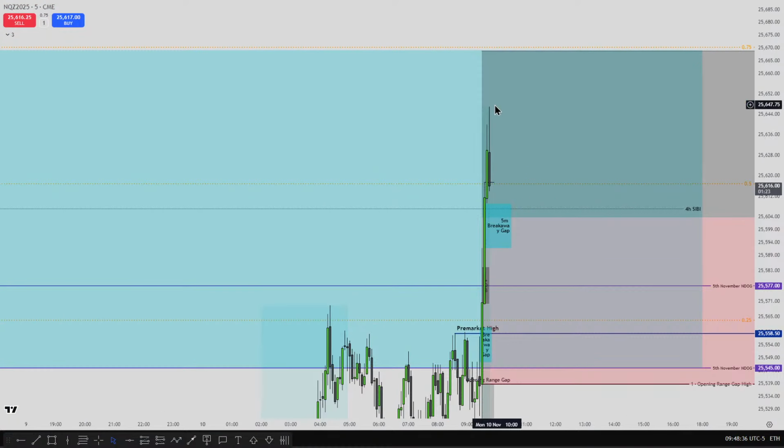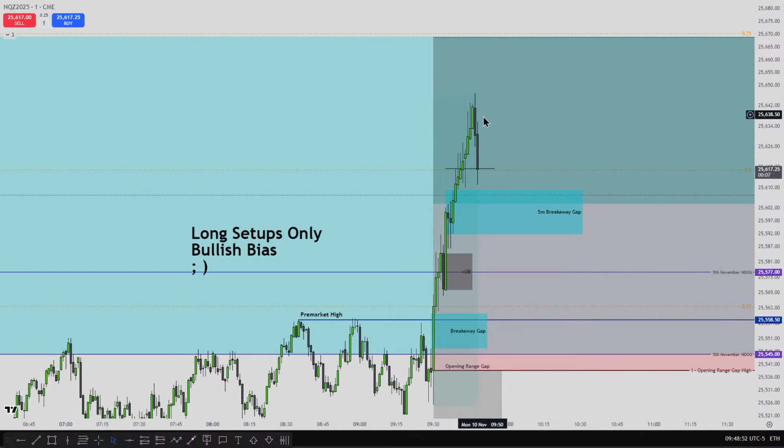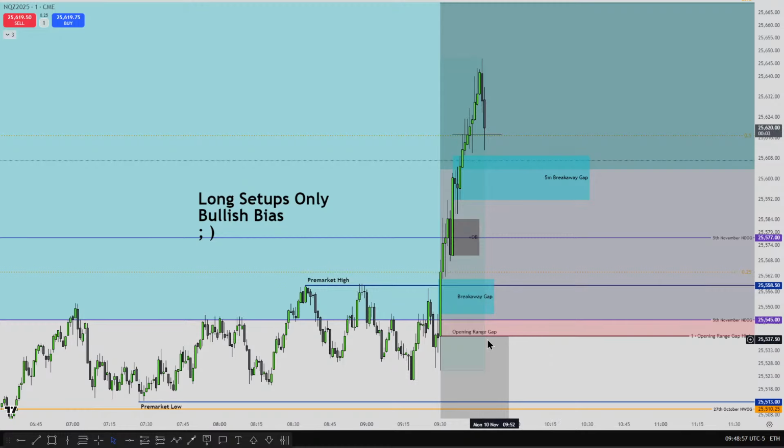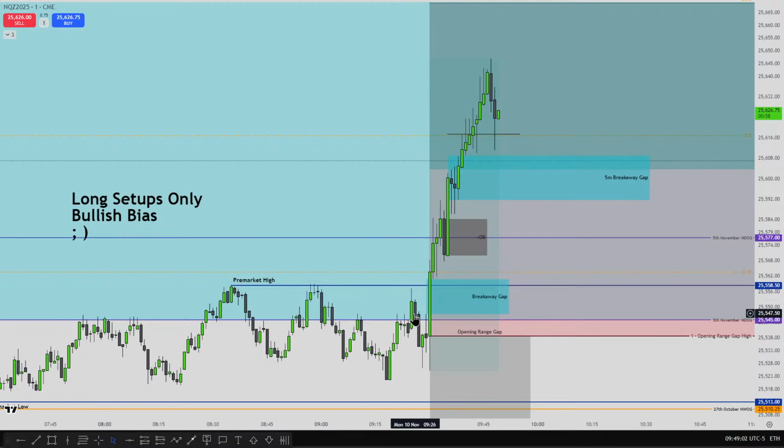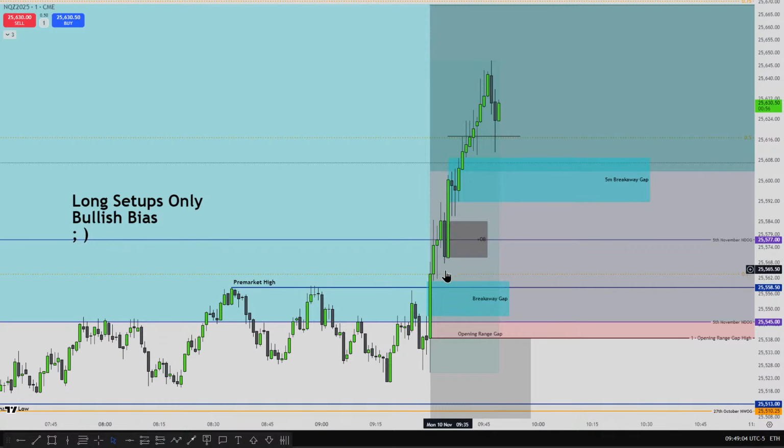Okay, rejecting from all the way up there means we'll probably use this gap. Again, you want to see the 5-minute candle closing price, because if it closes all the way back up here, then obviously that's strength. But that's two big down close candles that I didn't want to see. You'll notice though there's not a single first presentation fair value gap on the 1-minute chart. We only have this breakaway gap, and beyond that it's very back and forth, where it's up, down, up, down, up, down, up, down, and it's wicky.